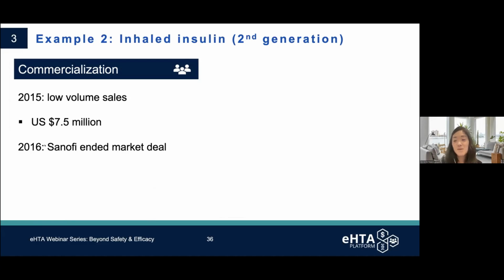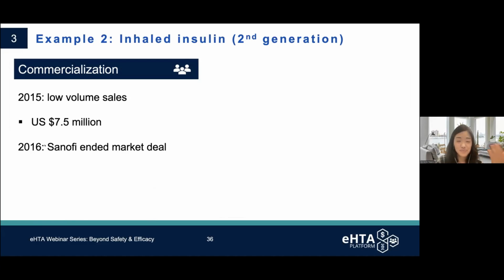And maybe you might think, well, 7 million is good money, right? But think about how many people I said in the earlier slides are diagnosed with diabetes. So 7 million is not that great.